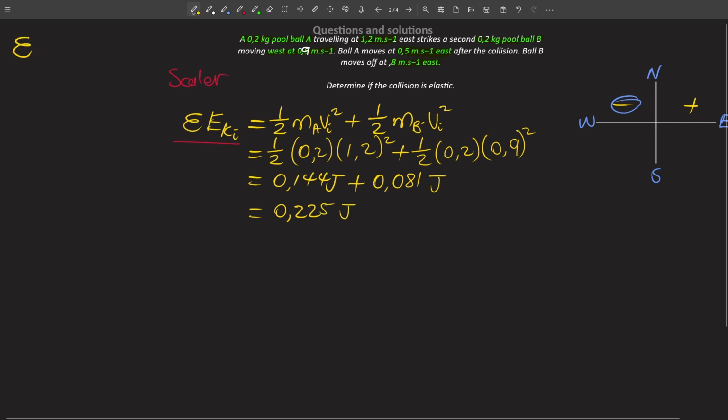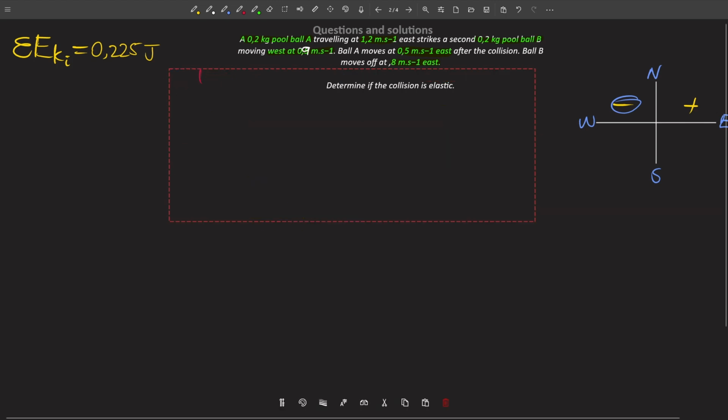Now I know that my initial kinetic energy, the kinetic energy before collision, is 0.225 joules. This is something I'm 100% sure of. I've calculated that before collision it was that.